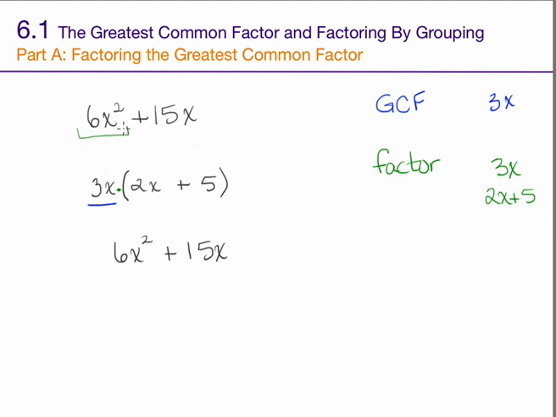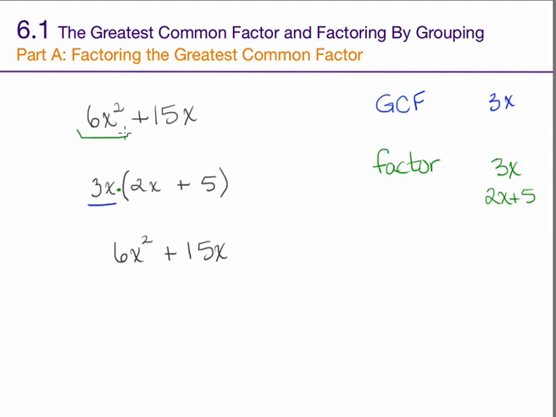Within each piece, I have a product of 6 and x squared, so 6 is a factor and x squared is a factor. And remember that 2 and 3 and 1 are also factors of 6, and 1 and x are both factors of x squared. In this piece, 15 is a factor, and so is x. But so is 1 and 3 and 5.